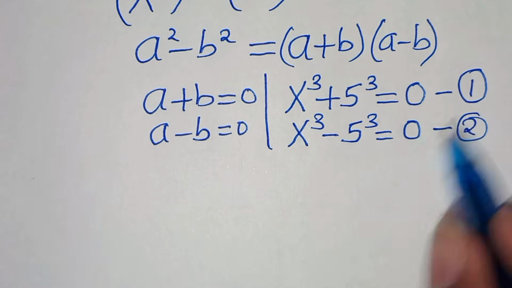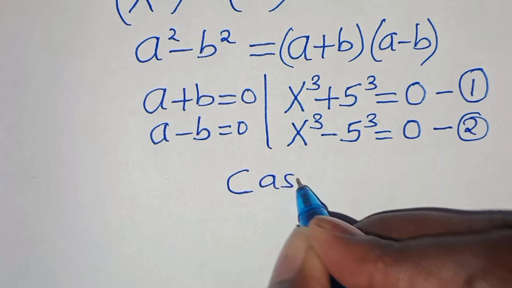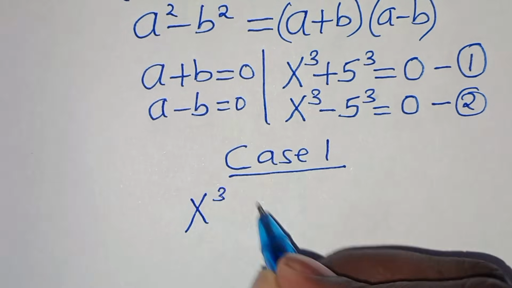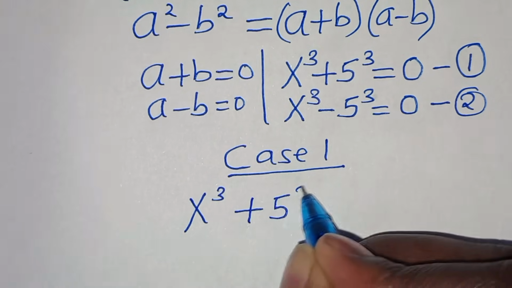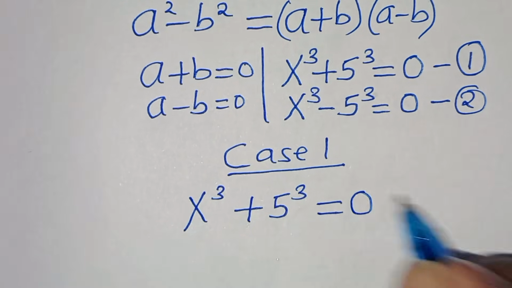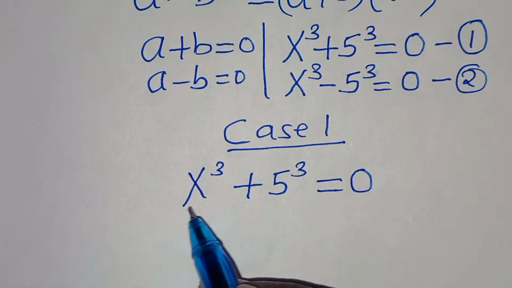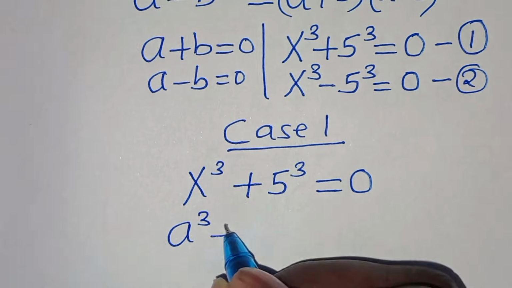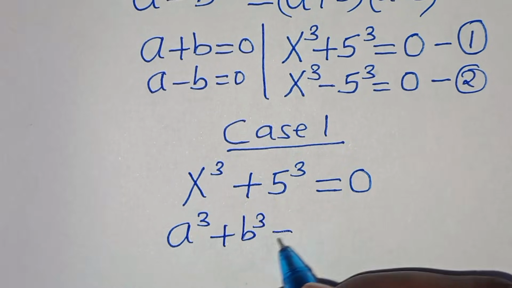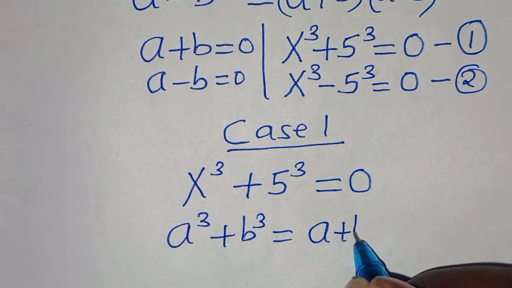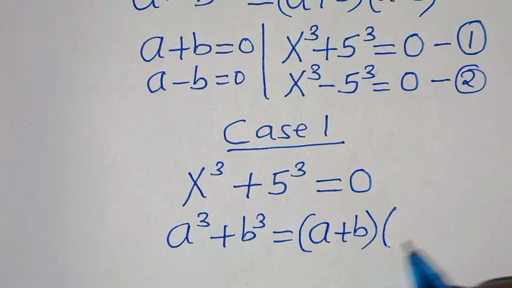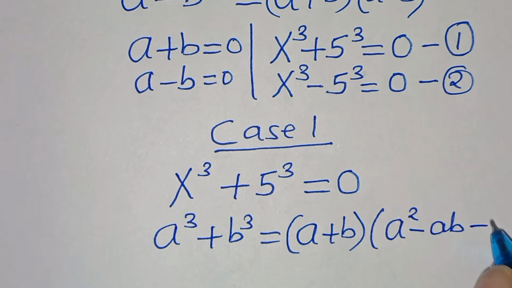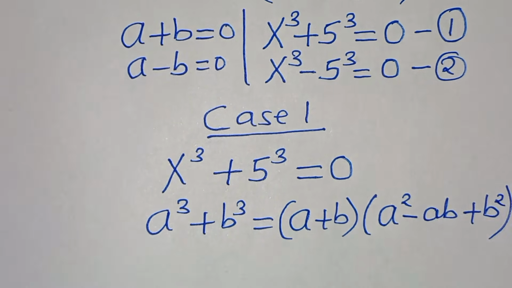Now, let's start with case 1. In case 1, we have x to the power of 3 plus 5 to the power of 3 equal to 0. This is the sum of two cubes, expressed as a to the power of 3 plus b to the power of 3, which we can express as a plus b, into the parentheses, a to the power of 2 minus a times b plus b to the power of 2.